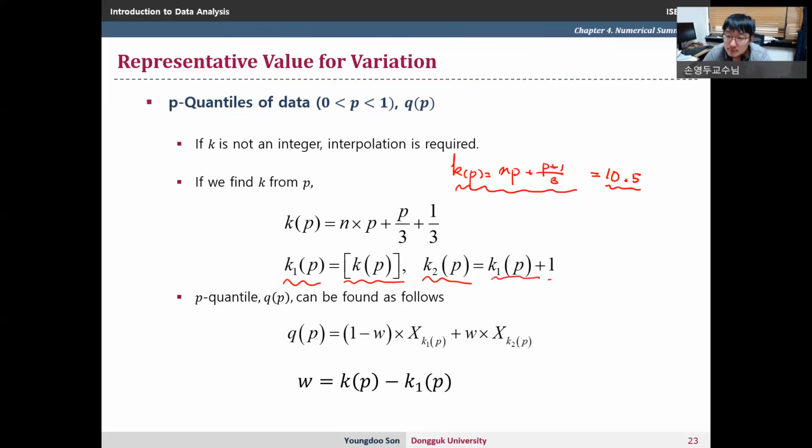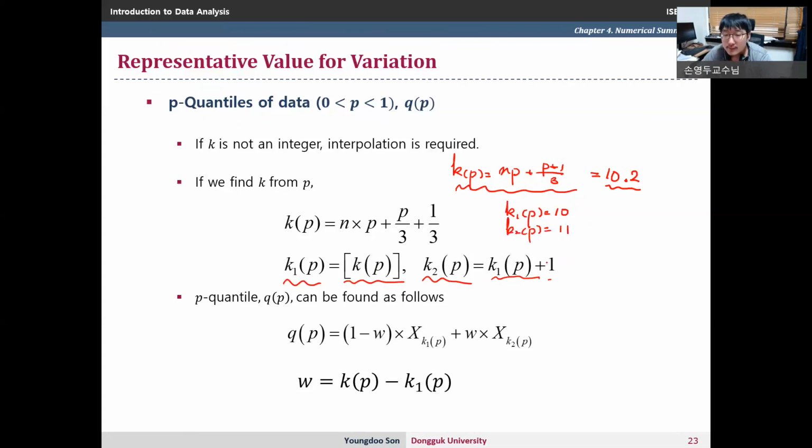For this example, let's assume, without loss of generality, that it is 10.2 here, okay? So in this case, k1p equals 10 because k1p is defined as the greatest integer which is not greater than this value. And k2p is 11, which is k1p plus 1.